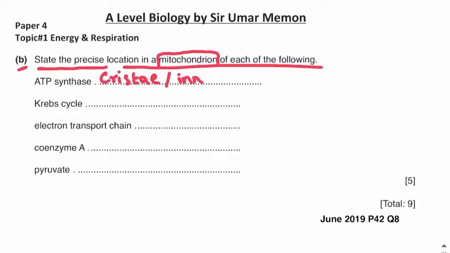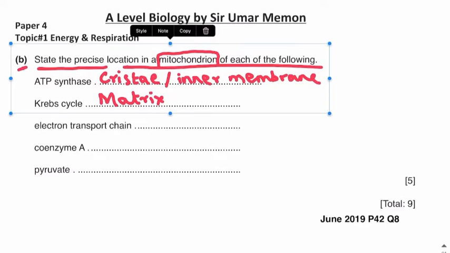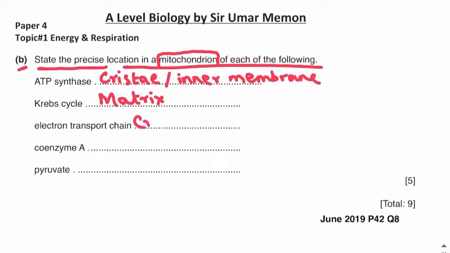If we talk about the Krebs cycle, you all know that its location is the mitochondrial matrix. The electron transport chain is found in the cristae or inner membrane.